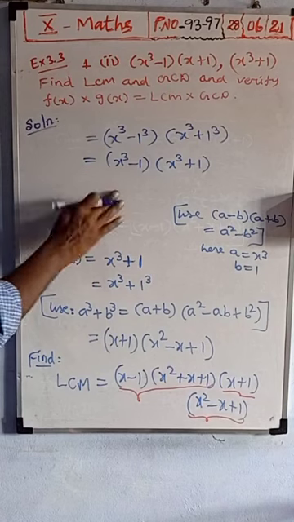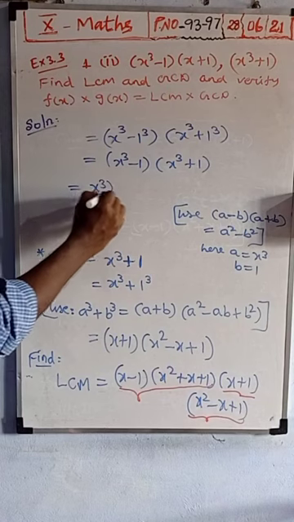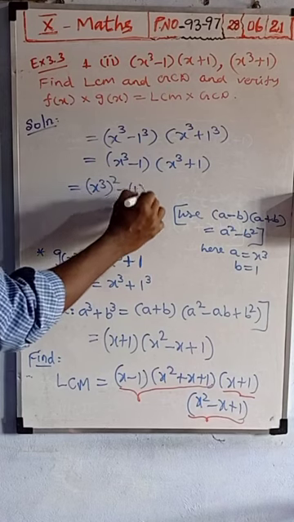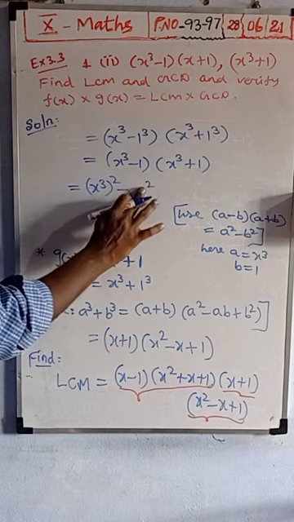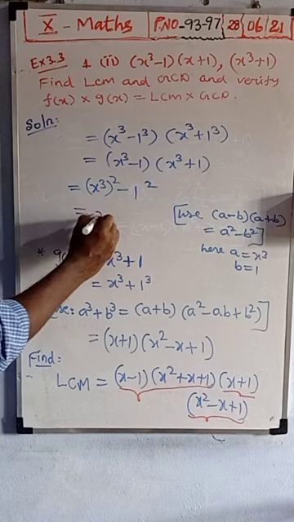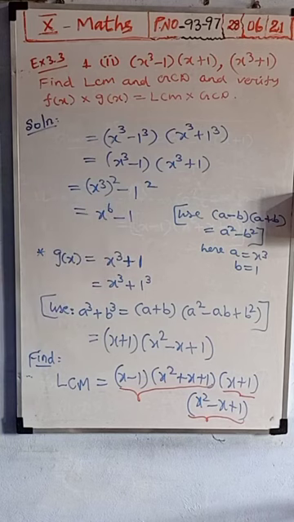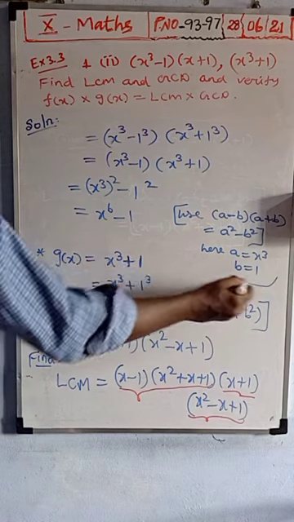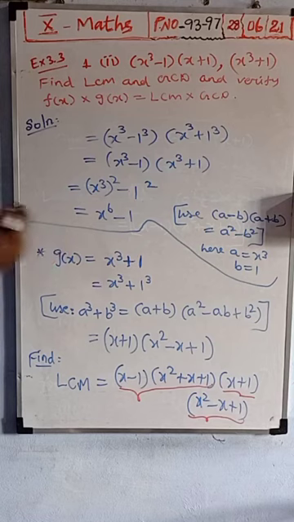Substituting, x cube to the whole square minus 1 square, so a square minus b square. Now you will get x power 6 minus 1. This is called the LCM. Now we have received the LCM.